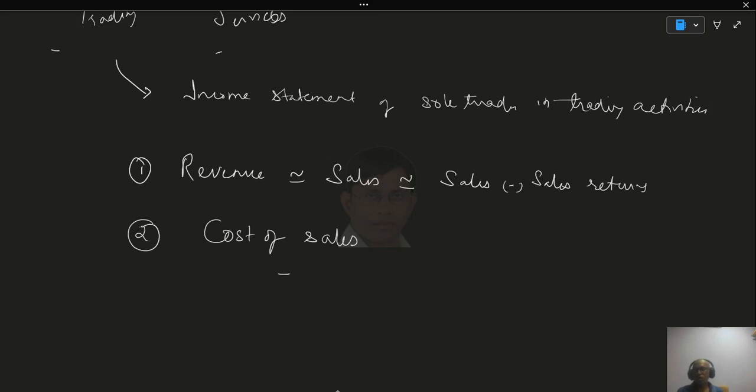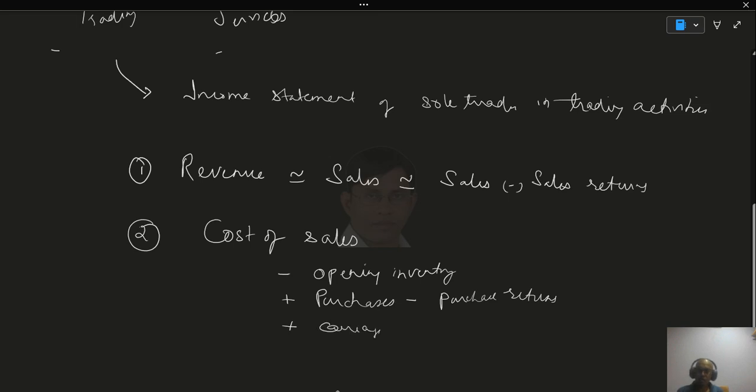Cost of sales, you will have opening inventory plus purchases less purchase returns plus carriage inward minus closing inventory.